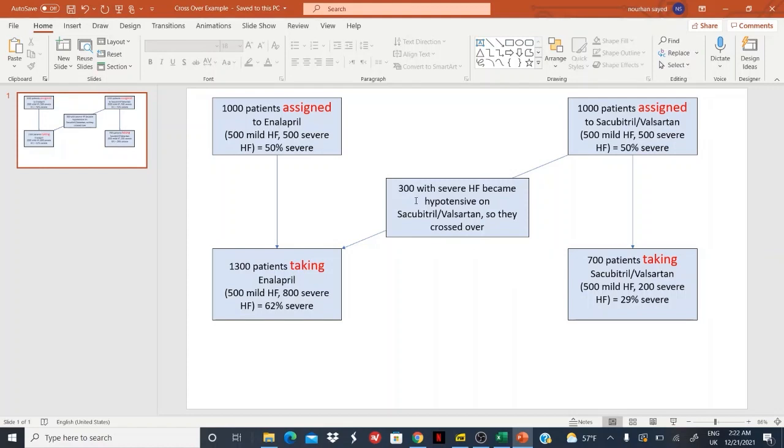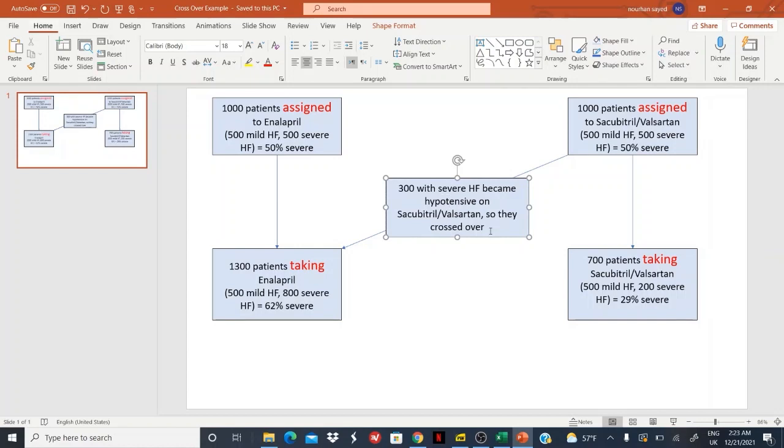Now, if, let's say, only 5 patients had crossed over, then that would be much less troubling, right? So there are two important subdomains to consider here. Did they use an intention to treat analysis? And if they did not, was there enough crossover to the point where it would be problematic?